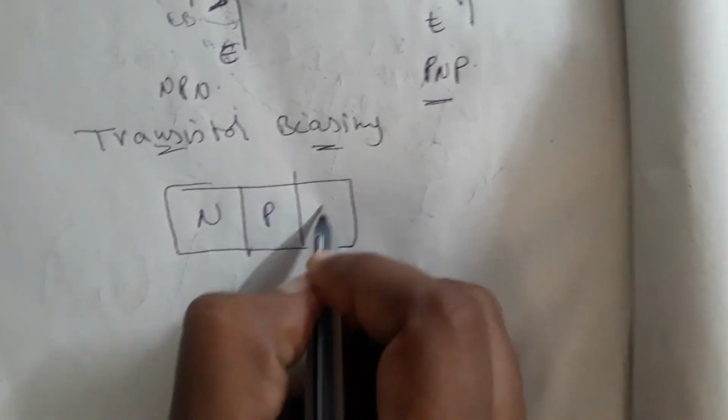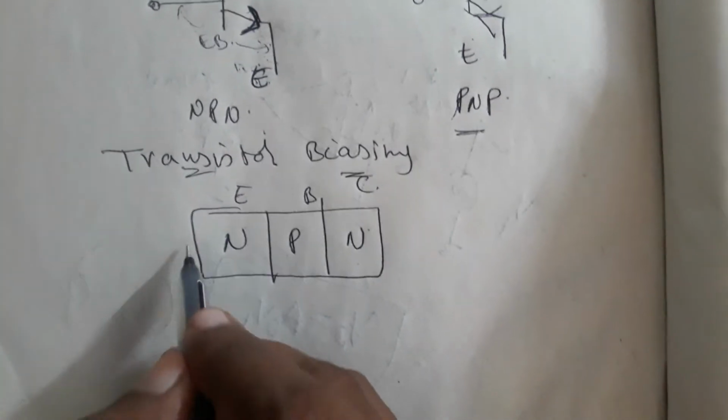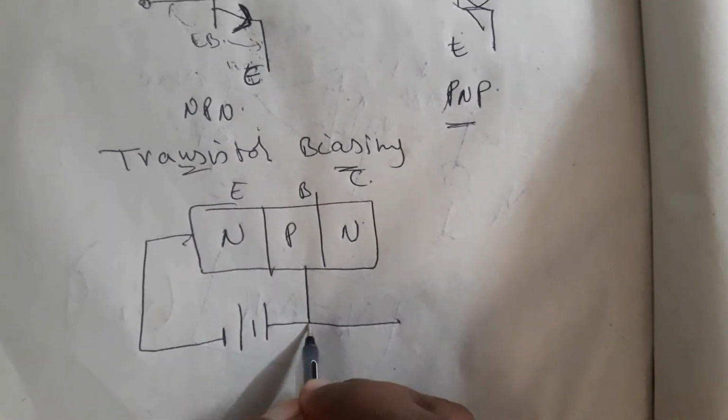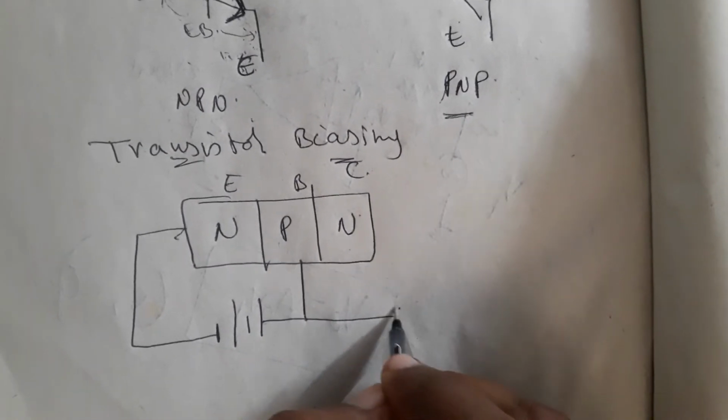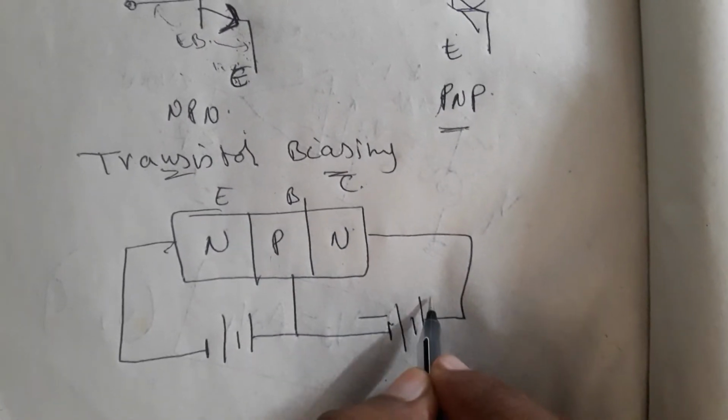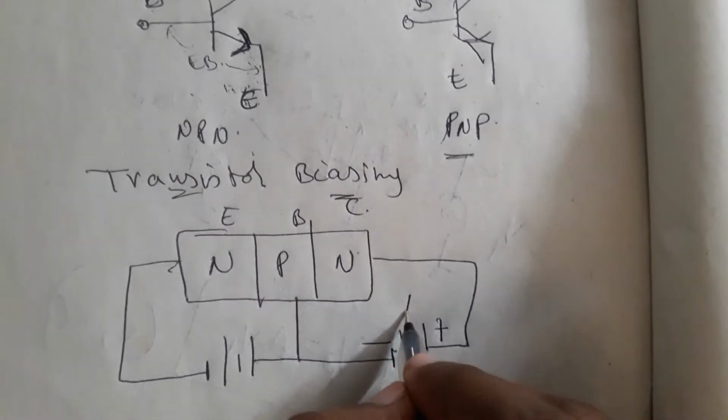So the biasing circuit is like this. This is NPN: emitter, base, collector. This is minus, this is plus; this is the reverse biasing.